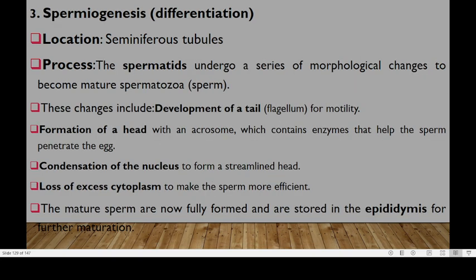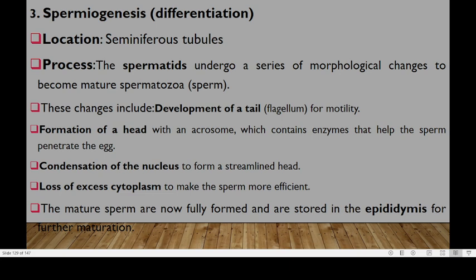We now have spermiogenesis. This is the differentiation, which still occurs in the seminiferous tubules. It's a process that involves the spermatids undergoing a series of morphological changes to become mature spermatozoa. These changes include development of a tail for motility, and formation of the head with an acrosome.